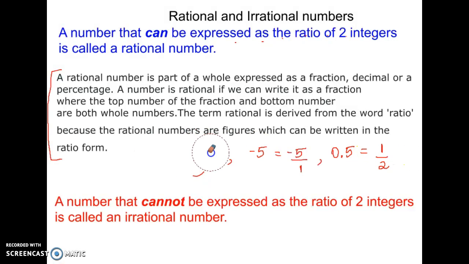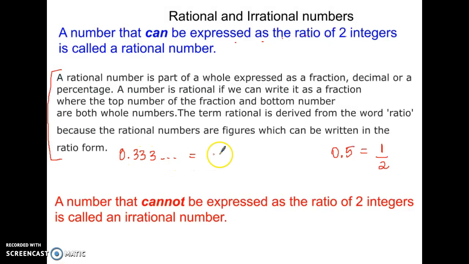Now, the only time when we can have a doubt is when you get decimals like 0.333 and this decimal does not end. Is it possible to change that into a fraction? Actually, in this case we can, because this is a decimal that repeats. We can see that there's a pattern here. 3 is repeating.